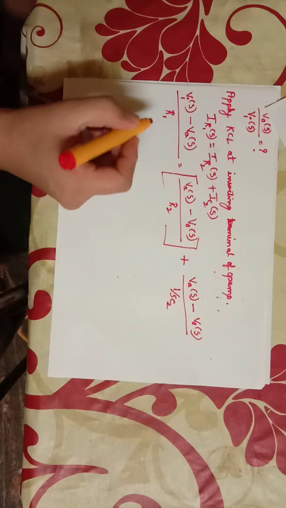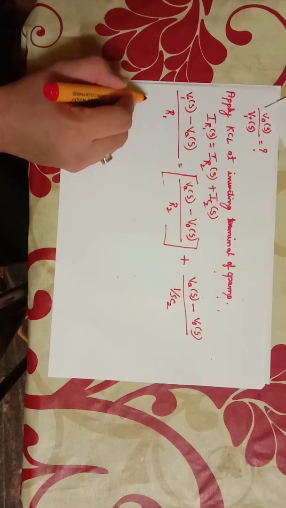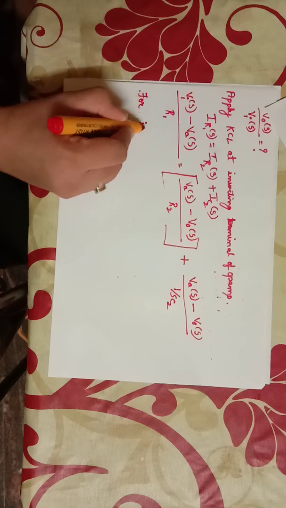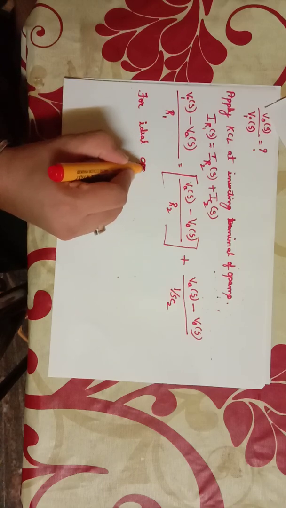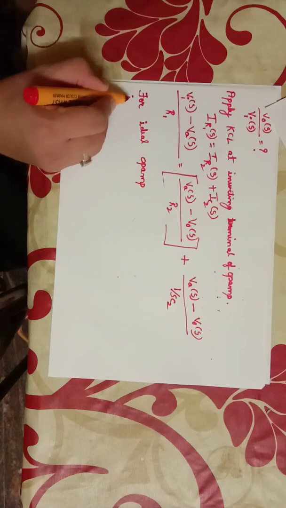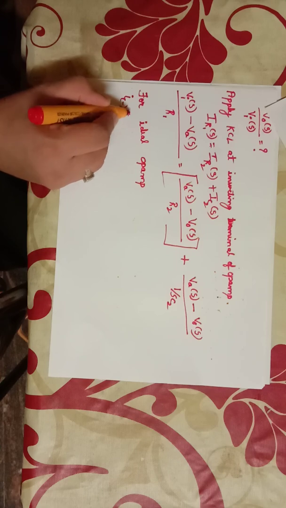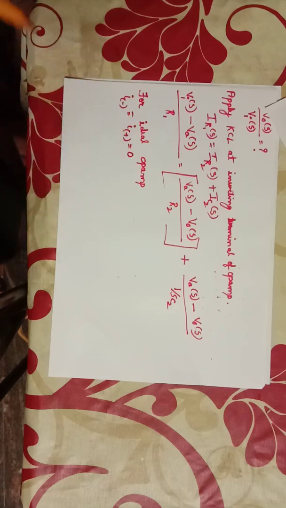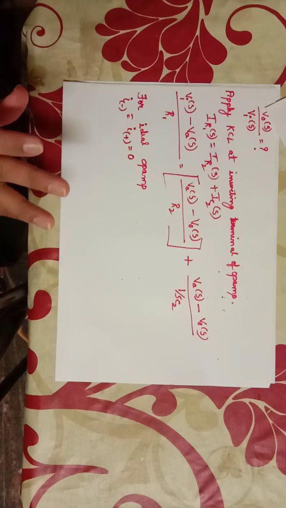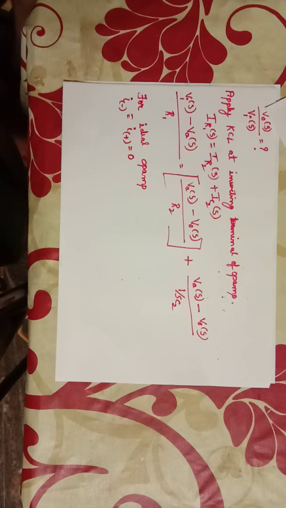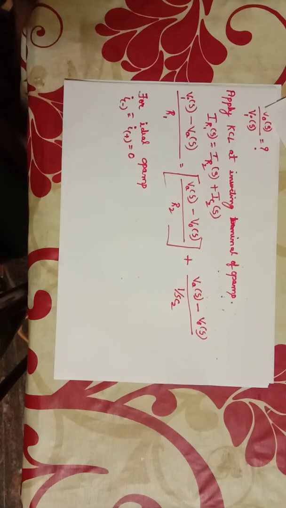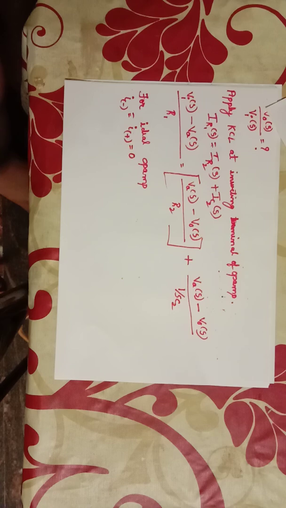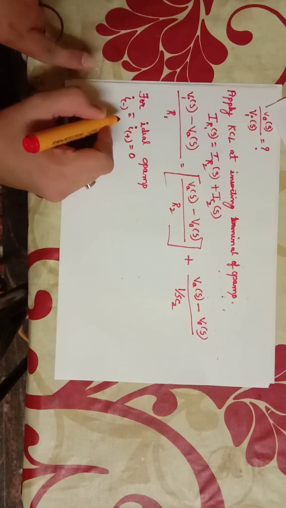Then, for an ideal op amp, the current at the inverting terminal will be equal to the current at the non-inverting terminal, that will be equal to 0.